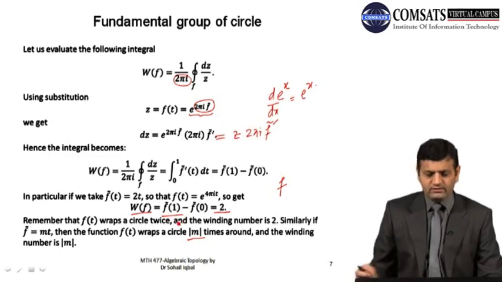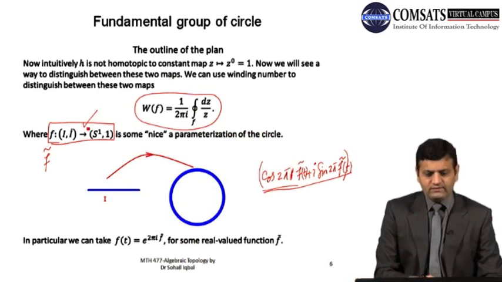But we have seen that this function f is any function from I to S1, and this seems like a very particular case of f, because in this case we have taken a very particular form, that f of t is equal to e raised to the power 2 pi i f tilde.